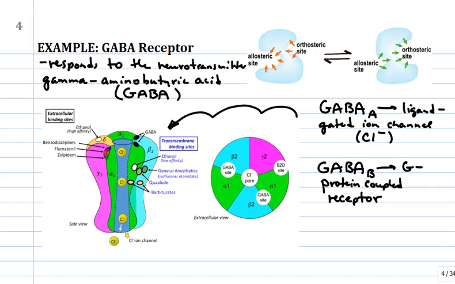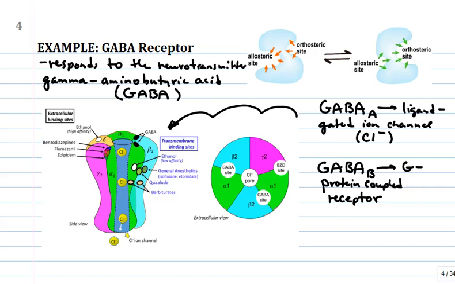Well, what I want to talk about very briefly here is GABA A. Again, this chloride ion channel. So look at this cartoon. And what I want you to notice is either at extracellular binding sites or transmembrane binding sites, look at all the molecules that bind to the GABA A receptor.